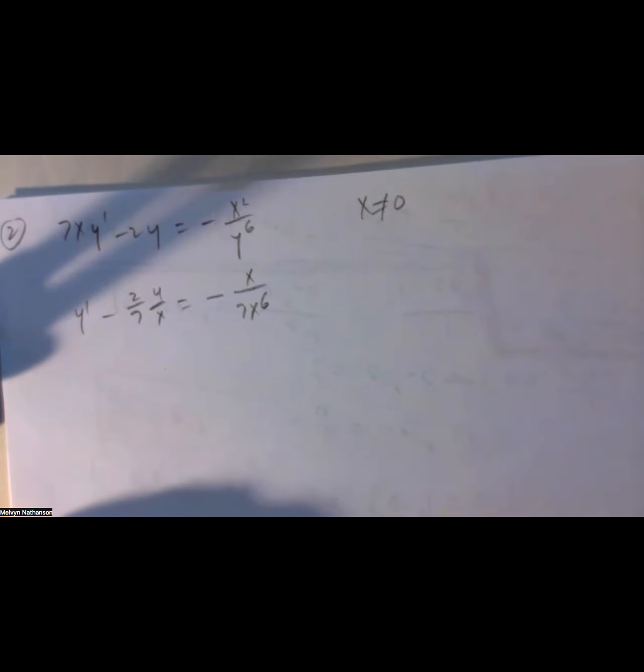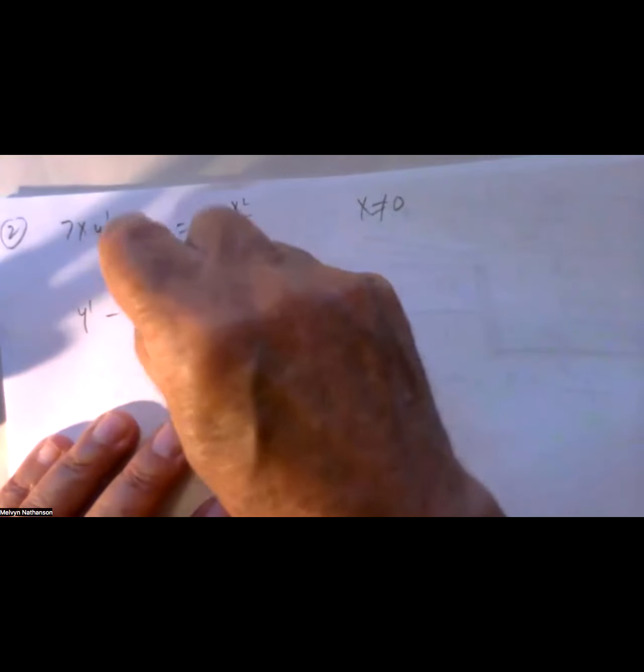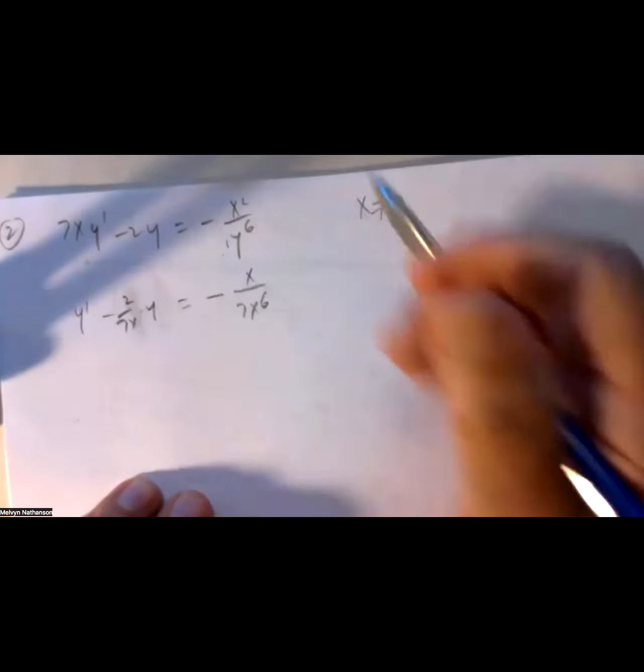Maybe I should write this like this. When I divide by 7x, I get minus 2 over 7x times y.